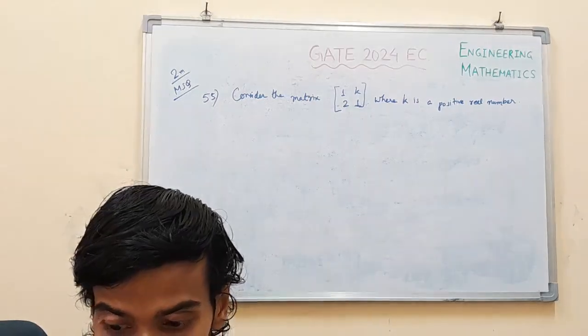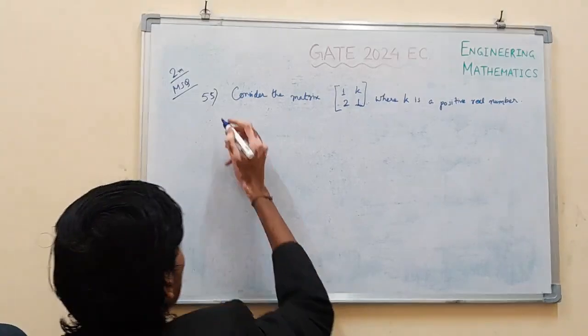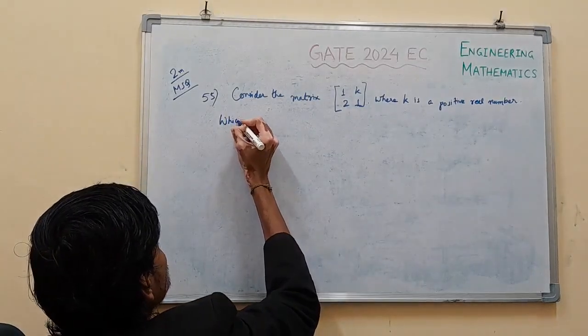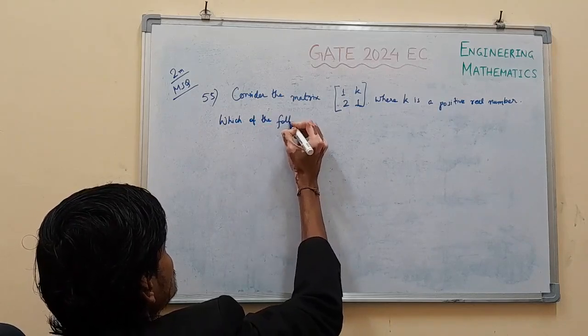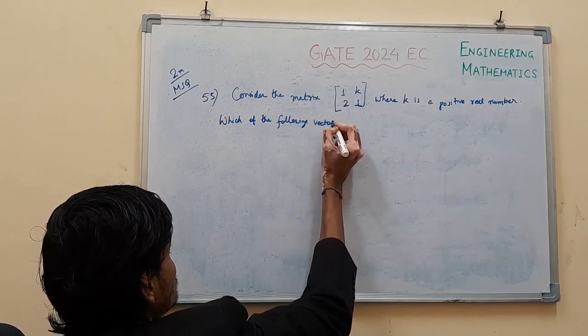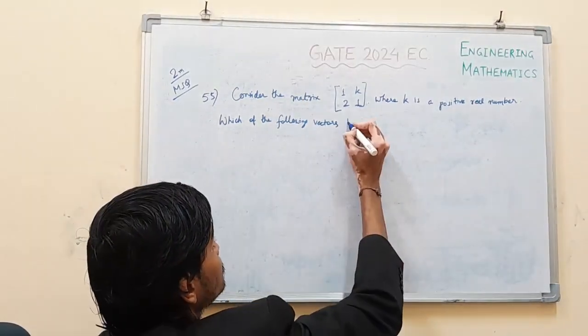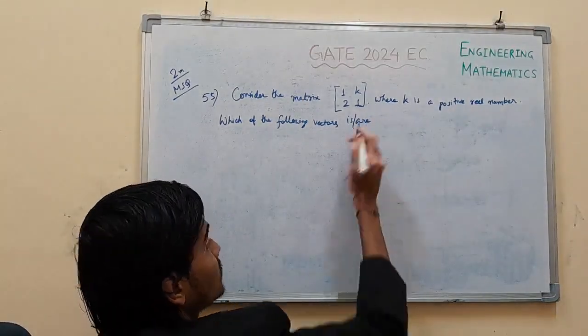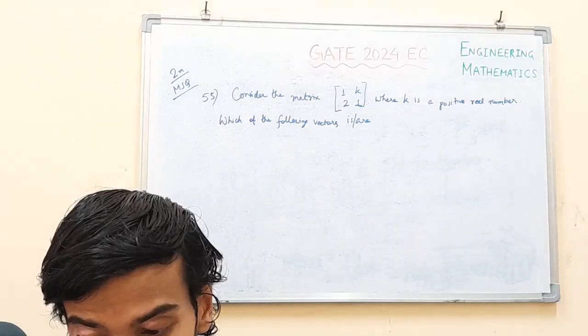The question is, which of the following vectors is or are, as it can be one or more than one correct, eigenvectors of this matrix.